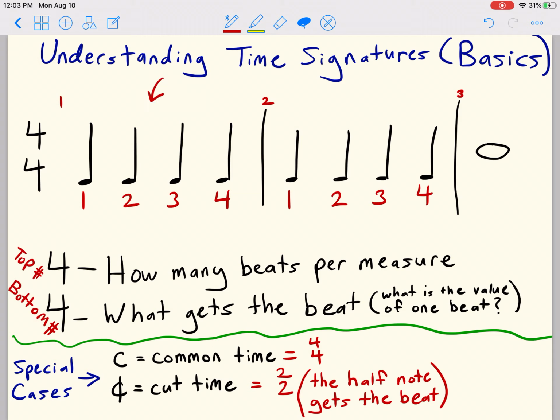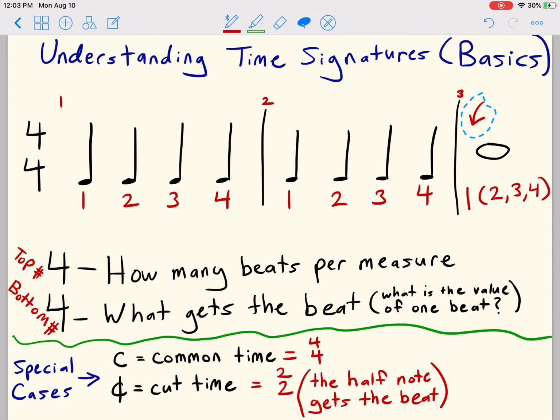Also, if we look over here at measure 3, I'm going to write a whole note as 1, and then the rest of the beats are going to be in parentheses because there's only one note in that measure. So this whole note counts for 4 beats, and that would be an entire measure.